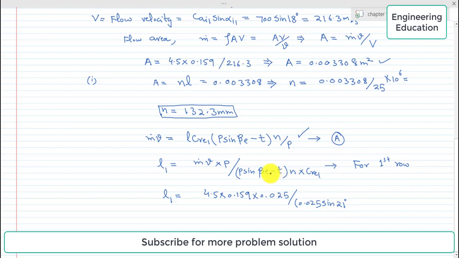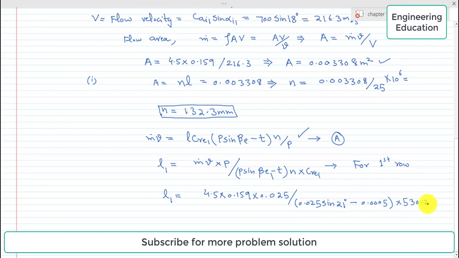This is actually beta E1 for this specific case, minus T. T is 0.0005 meter, and the value of CRE1 is 530.2 meter per second from the previous problem.